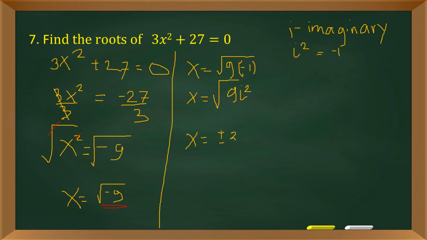That is 3. And we can take the square root of i squared. Of course, the square root of i squared is i. So our roots are negative 3i, then positive 3i. Let's put the negative first, because the negative should always come first, from smallest to greatest. So here are our roots.